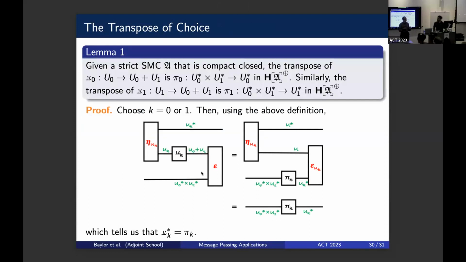And you get this interesting relationship between choice on the left and choice on the right. In particular, if you consider the upside down pi naught function, which is our choice on the left, and we take the transpose of it, we actually get the pi map in the correct orientation. And so you have that interesting relationship.